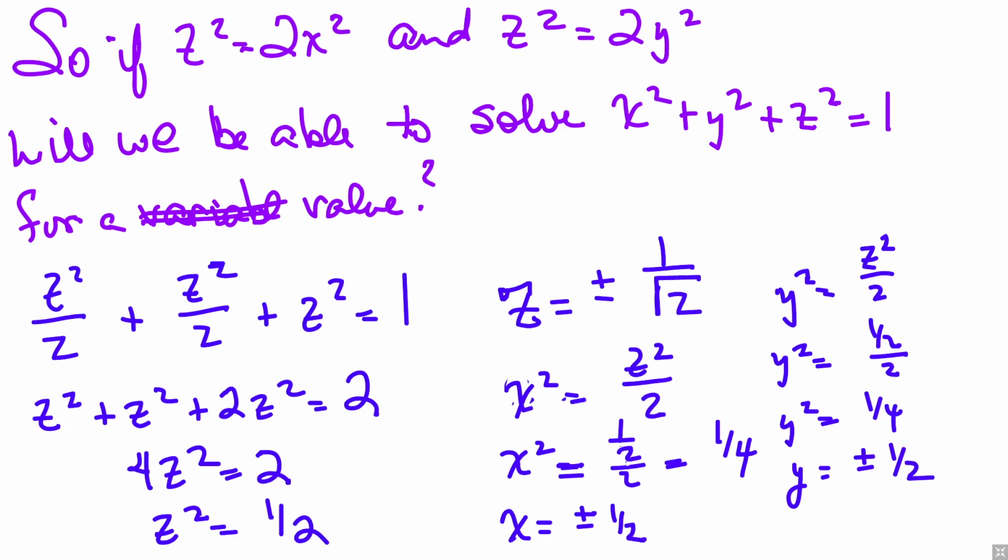So our point here is plus or minus 1/2, plus or minus 1/2, plus or minus 1 over the square root of 2. And keep in mind that this represents 8 points. It's not just 1 point.